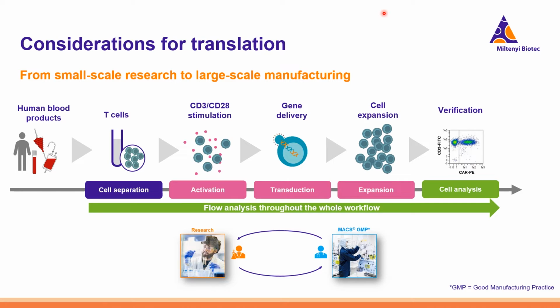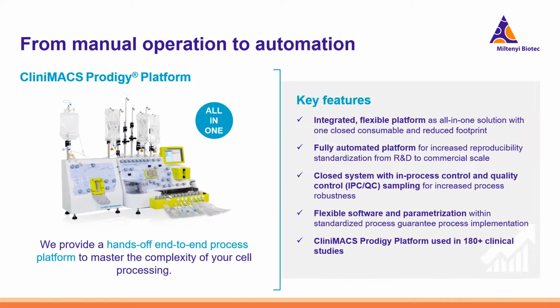And we integrated and developed a broad range of products that are used in research and clinical settings. Using such products already in the research phase allows for a seamless transition of your whole research workflow to the Clinimax Prodigy platform, where GMP-compliant CAR T cells can be manufactured automatically and in a closed system.